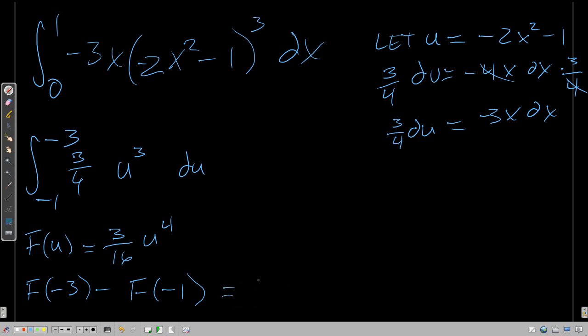But capital F of -3 would be -81 over 4, and capital F of -1 would just be, so that minus symbol is this one, right? And then right here will be capital F of -1, but that's -3/4.